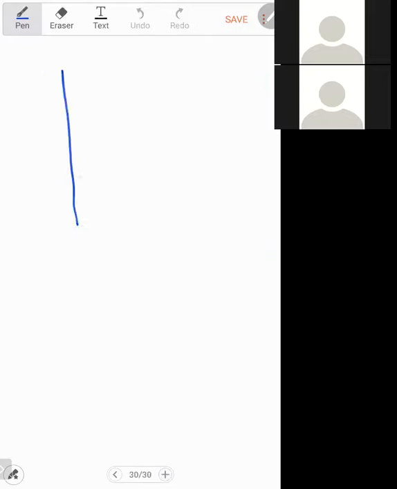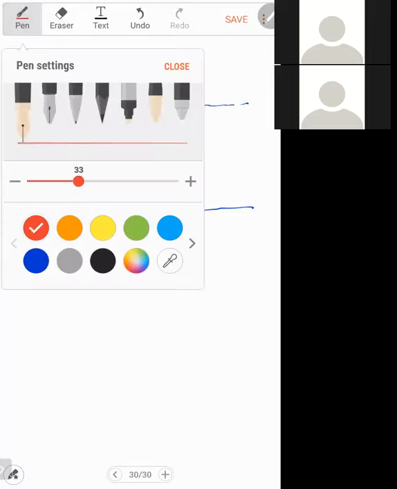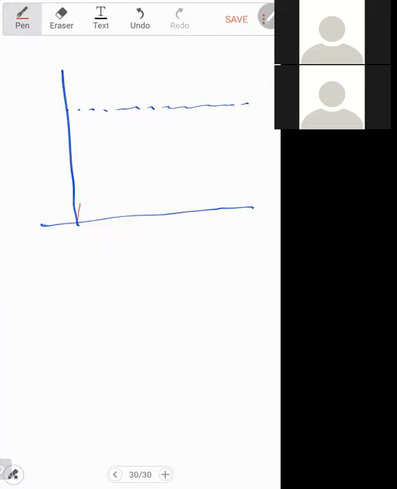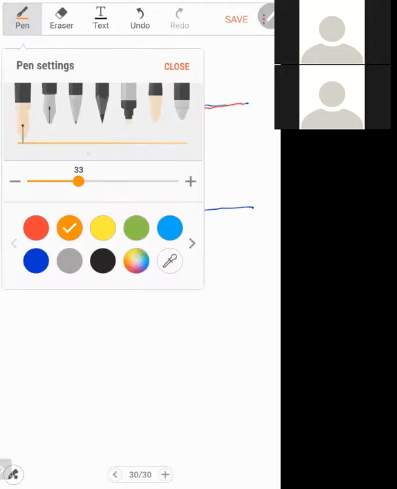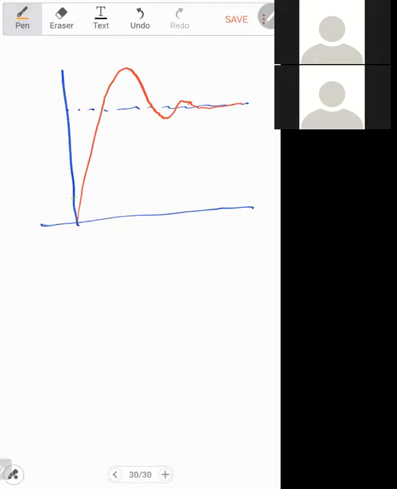So let me explain over here. This is the unit step function, and then we have the response of the system. Rise time is when the response goes from 10% to 90% of the final value.